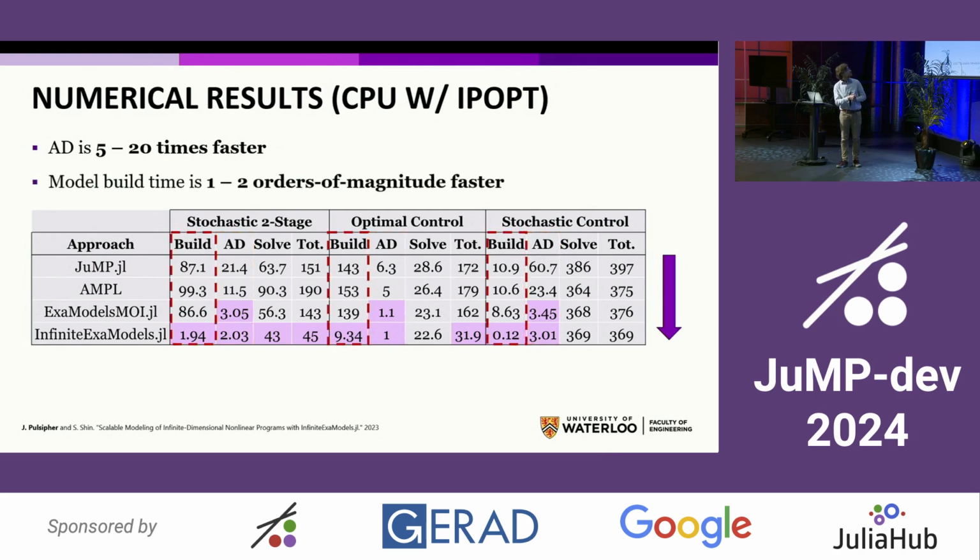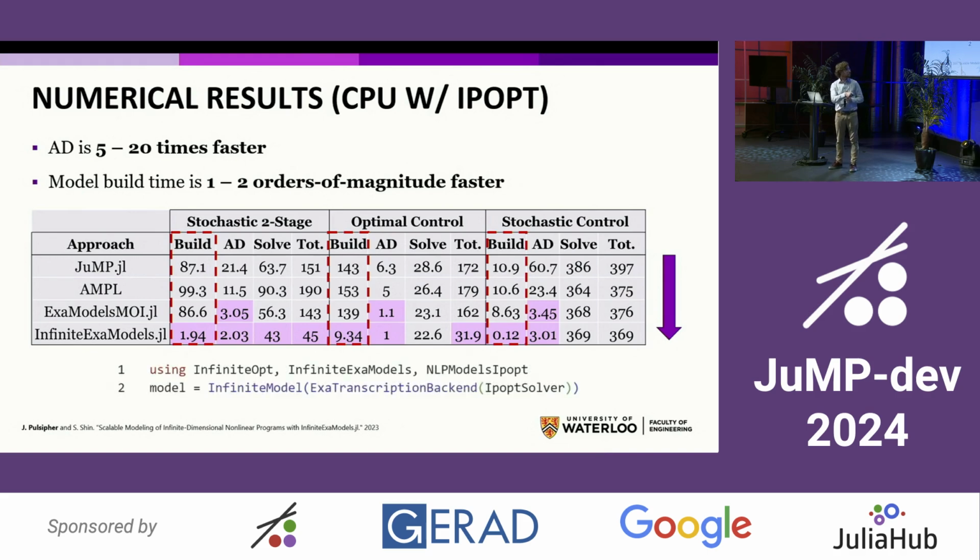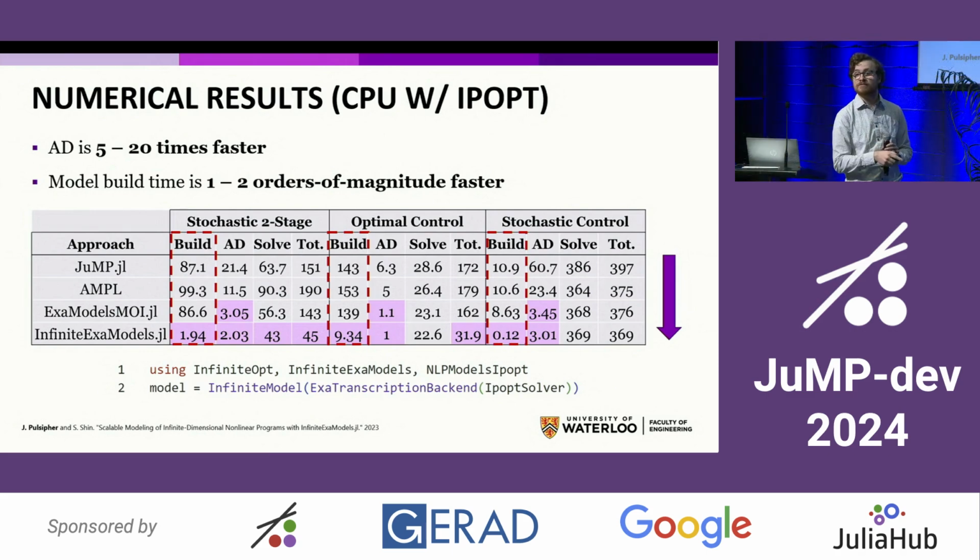Our build time, though, goes drastically down because we're leveraging these repeated patterns. We're significantly faster to build the model. And again, if we increase the sample size, that time doesn't really change. The other times will change. And again, this is all implemented by just having that transcription backend, and that's all you have to do.